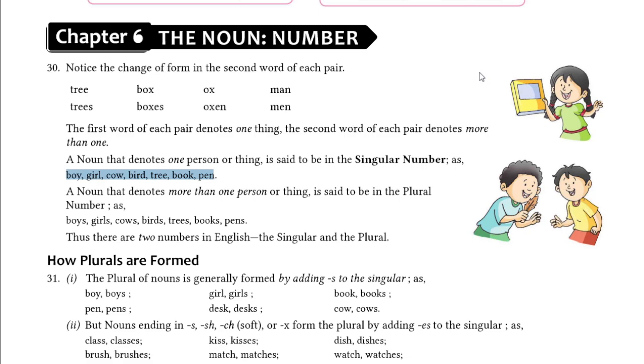So all of these nouns are in singular number. On the other hand, boys, girls, cows, birds, trees, and pens are nouns which denote more than one person, animal, bird, or object. So these are nouns in plural.